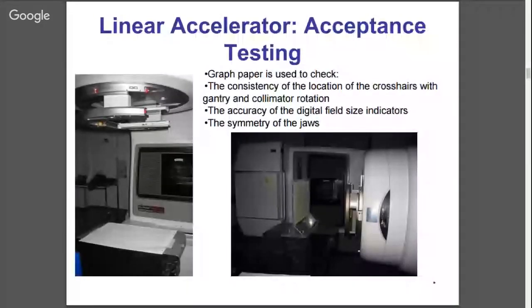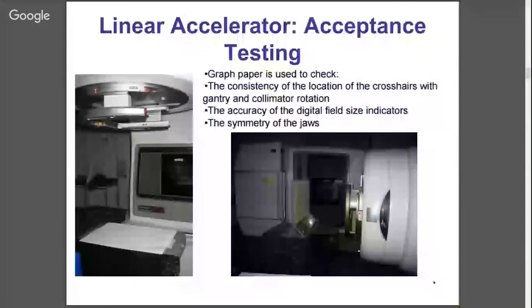So you can see here in these images, there's some graph paper on the couch. We would project the light field onto this, and then we can just check that everything is orthogonal, that the light field is projecting the correct size. And we do this at different angles. You can see here that this local technique for doing it, they've got a sort of perspex screen which they can put the graph paper on in the vertical plane.